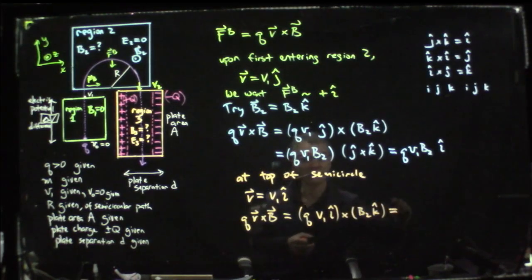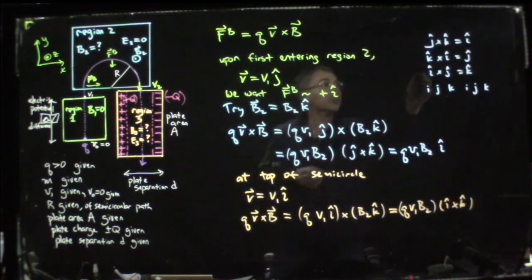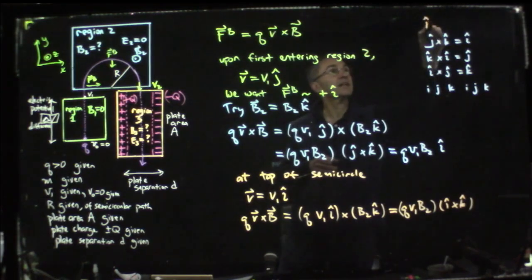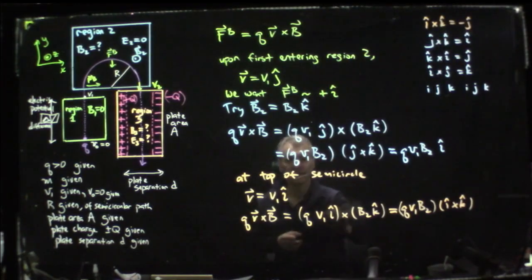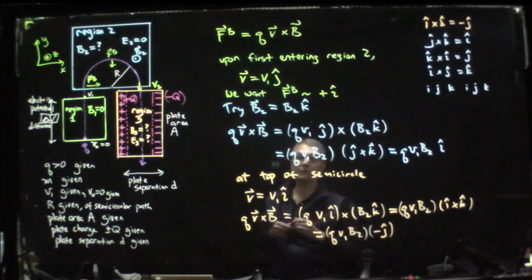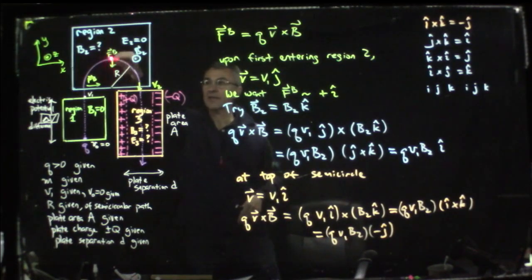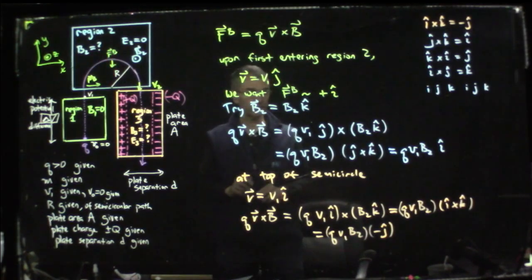So Q, V1, B2 are all the coefficients, and then i hat cross k hat. I hat cross k hat is minus j hat. So this is Q V1 B2 times minus j hat. That's what we want, because when we're at the top of the semicircle, we want this force to be downward. So that's a good check.